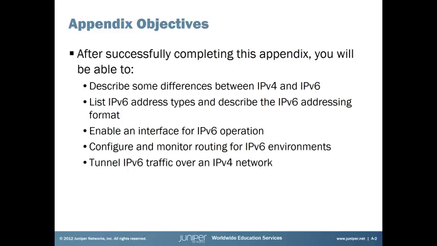There is a section here on tunneling, which I don't particularly want to get into. Tunneling is part of IPv6, but it's a workaround. We haven't really fully implemented IPv6. We've still got some IPv4, and how do we make those things work together?